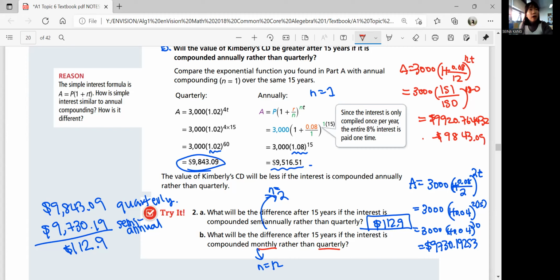is going to be about $77.67. So there will be 77.67 more accounted to interest if compounded monthly.